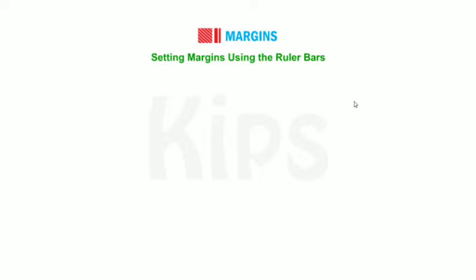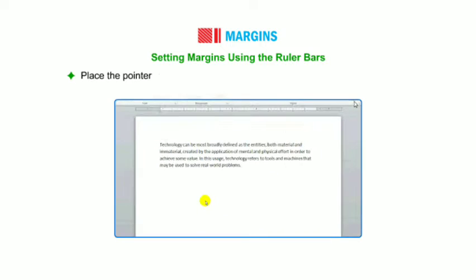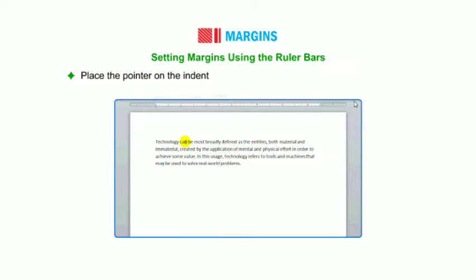Setting margins using the ruler bars. First we will see how we can change the margins using ruler bars. Do you know what a ruler is? Just look at this picture. This is the ruler here, a scale on the top of the page.